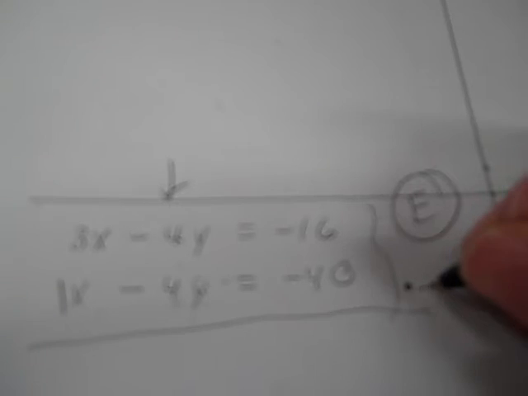They're both negative. So what you need to do is a little trick. It's called multiplying just the bottom by negative 1. So what's 1x times negative 1? All it does is switch the sign. Negative 4 times negative 1 would switch that to plus 4.